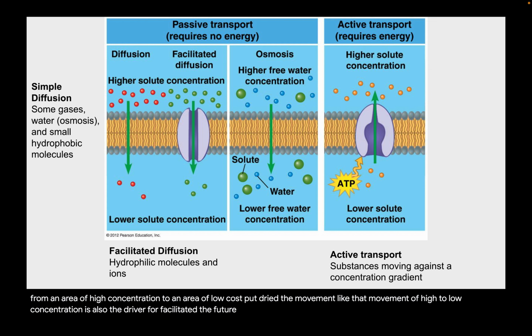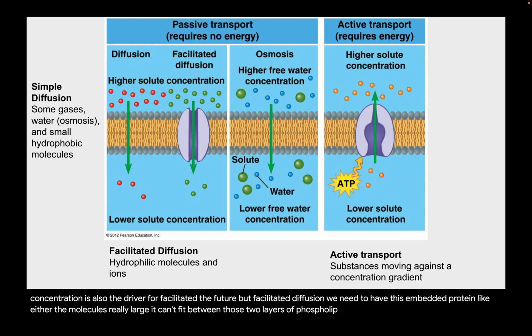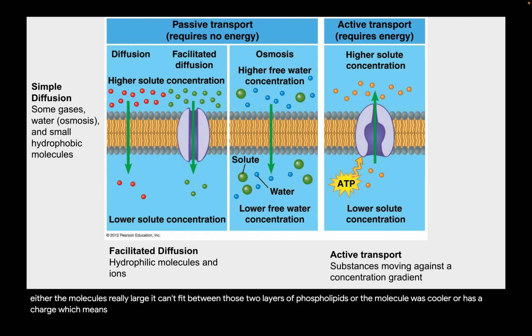But for facilitated diffusion, we need to have this embedded protein. Either the molecule is really large and can't fit between those two layers of phospholipids, or the molecule is polar or has a charge, which means this hydrophobic interior is going to repel that molecule. So it needs a protein to help it along.